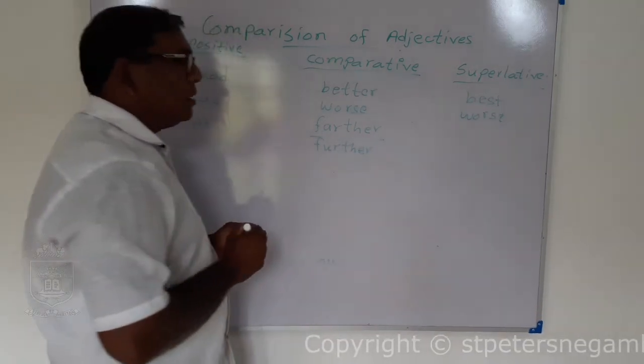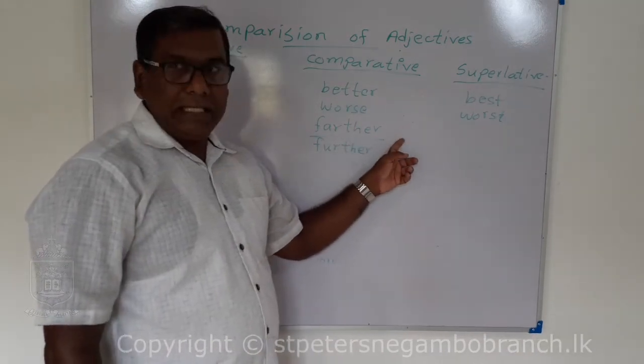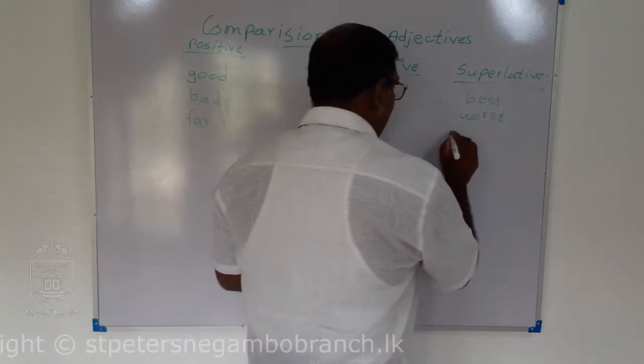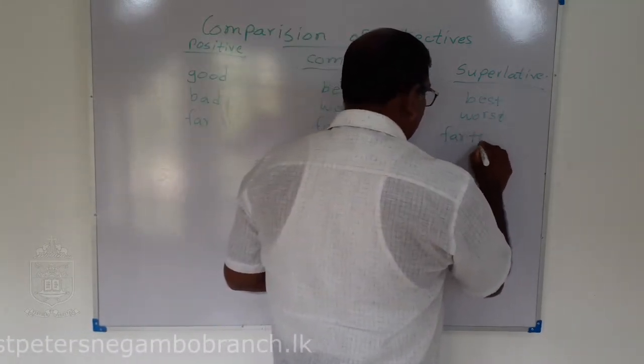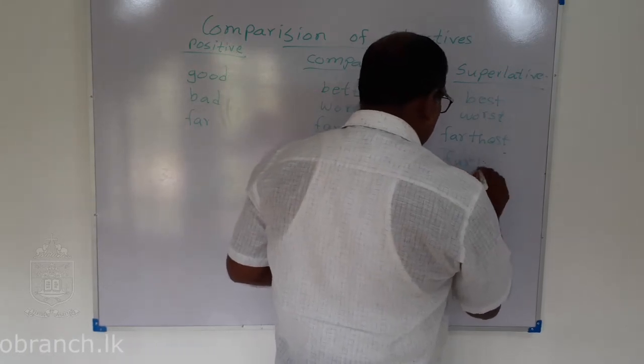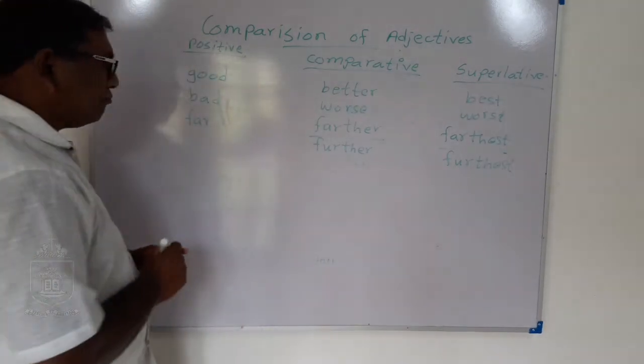Further is used with distance and time. Farther is used only with distance. You have to remember it also well. So the superlative farthest, and further becomes furthest in the superlative.